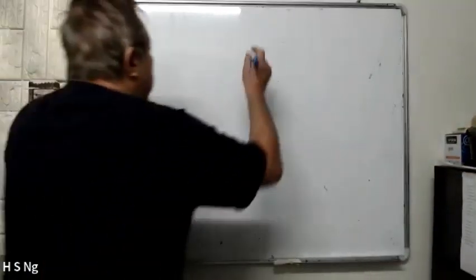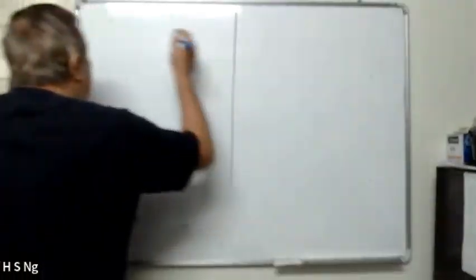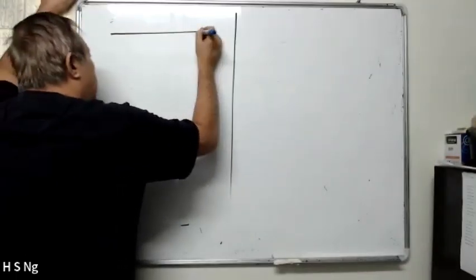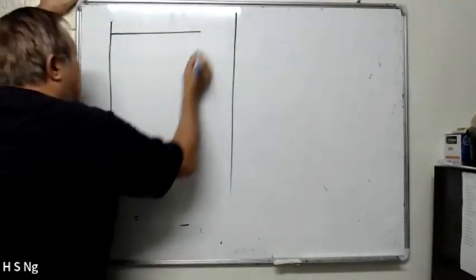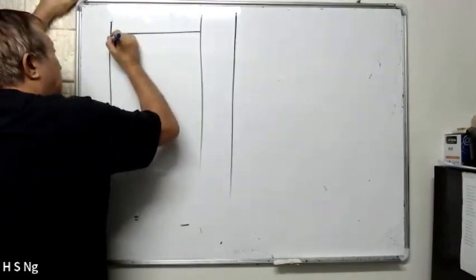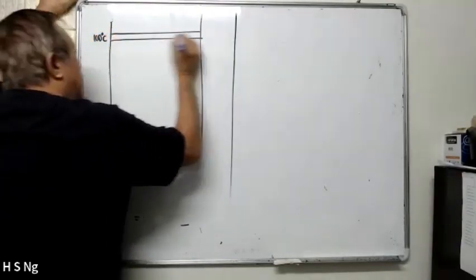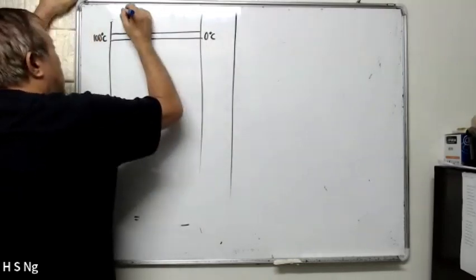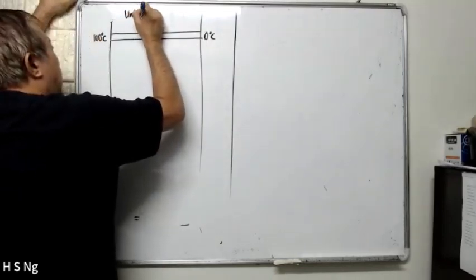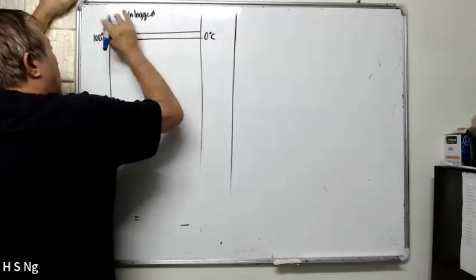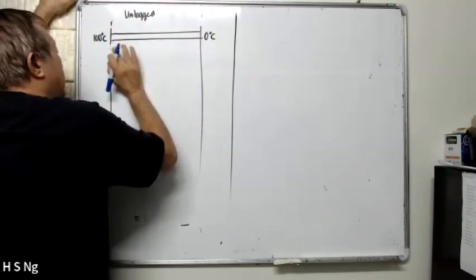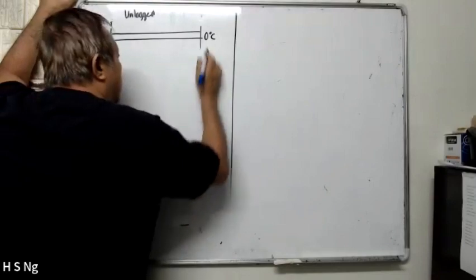Okay, so let us see. Let's say this bar has no lagging, 100 degrees Celsius at one end and 0 at the other. Unlagged. Now we'll see how the temperature changes.